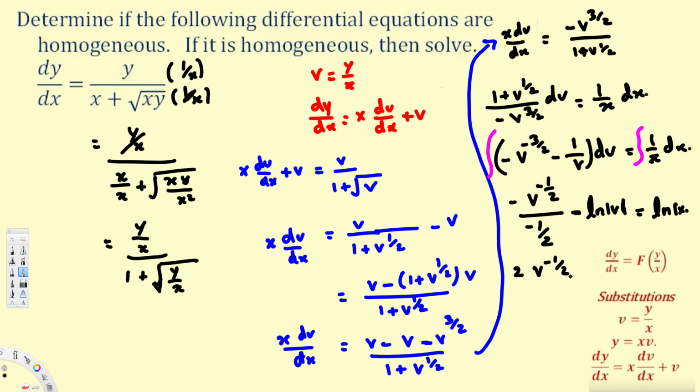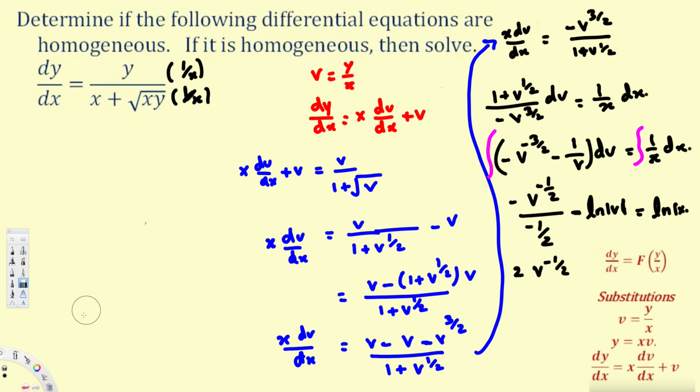And minus. So let's continue this one right here. We don't have enough space, so I erase this part, and I'm going to continue writing here. So this is going to be 2 v to the power negative half minus ln v.